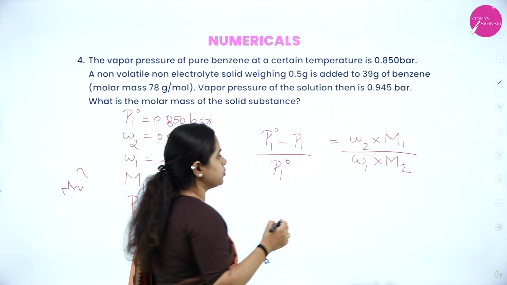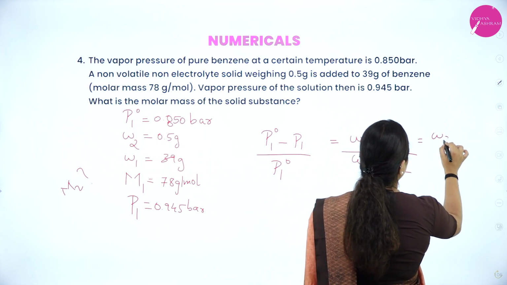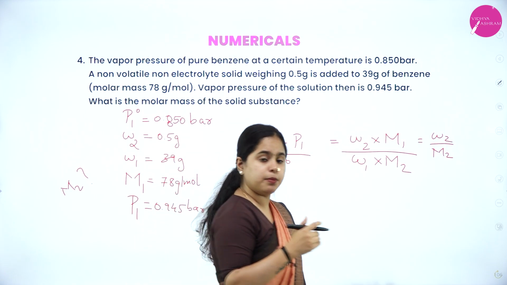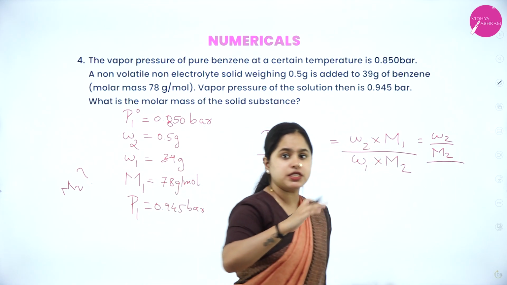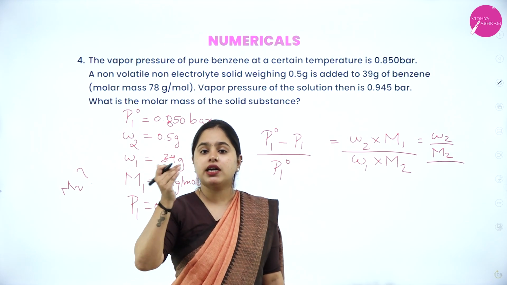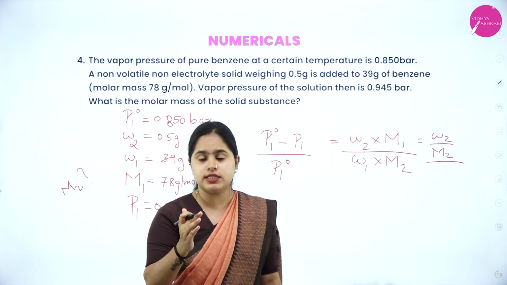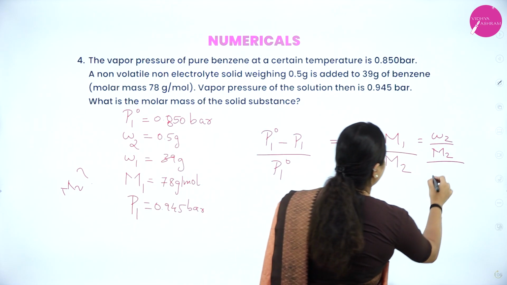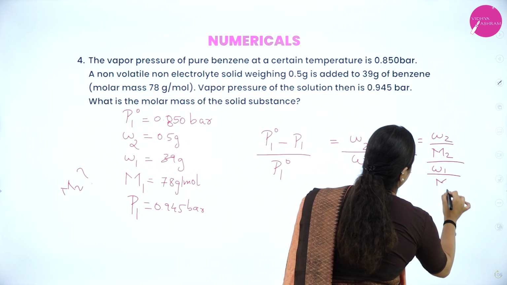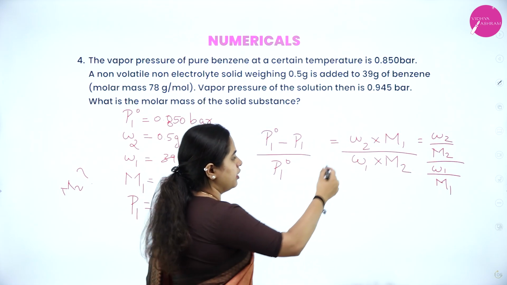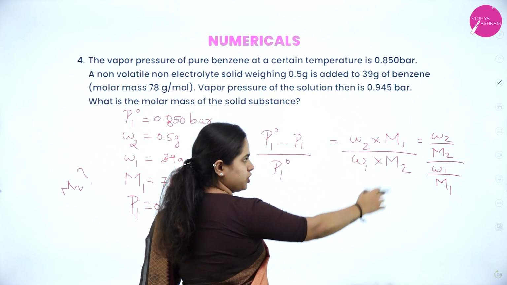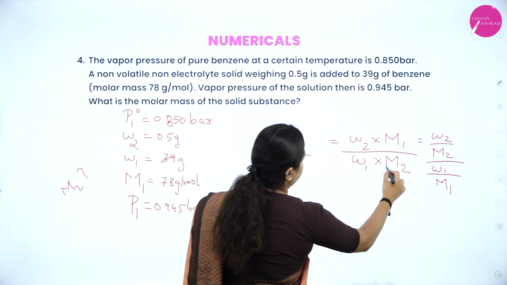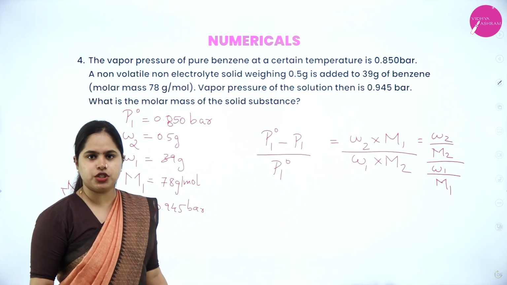Mole fraction of the solute is the number of moles of the solute divided by the number of moles of the solvent plus the number of moles of the solute. When we are considering dilute solutions, we do not consider n2 in the denominator. We discussed this in last class. So W2 by M2 divided by number of moles of solvent. If I take this to the numerator, the equation becomes W2 into M1 divided by W1 into M2. So this is the equation you can use.